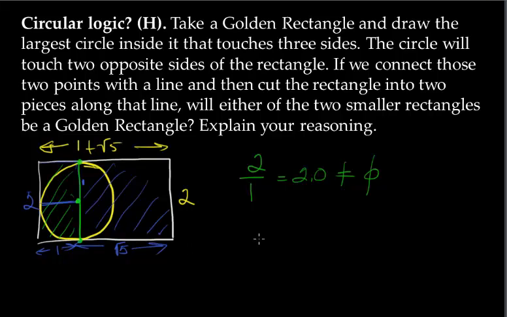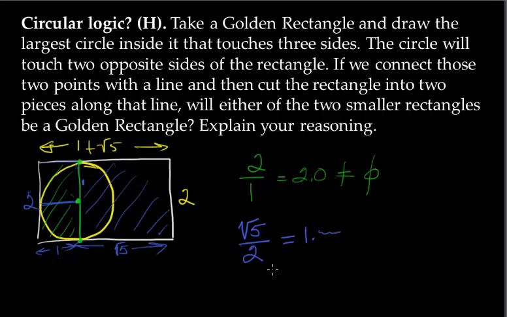The length, let's see, which is bigger, 2 or the square root of 5? Well, the square root of 4 is 2, so the square root of 5 is 2 point something, and it's bigger. So for the blue one, we would have the length, square root of 5, over 2 as the width. And if you put this into your calculator, which I don't have next to me, you will get a decimal which is 1 point something.